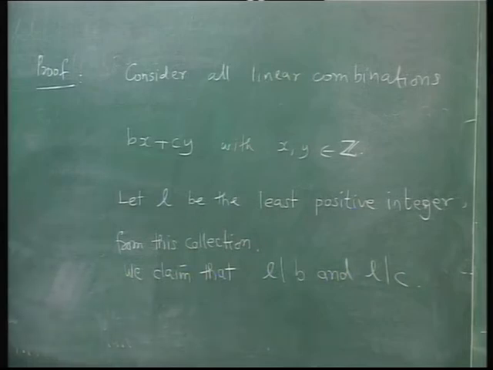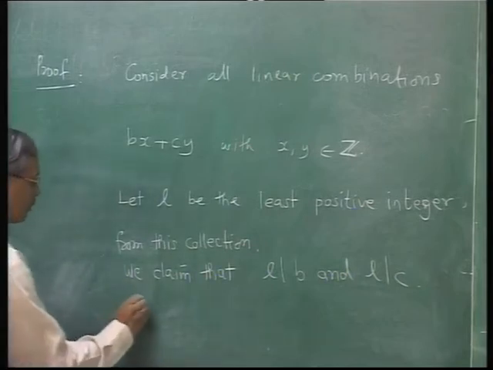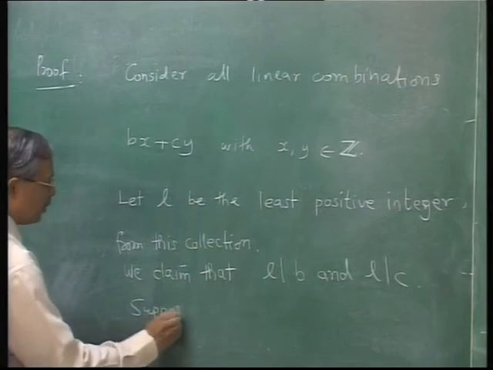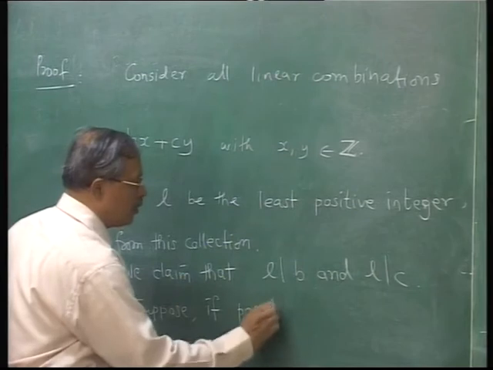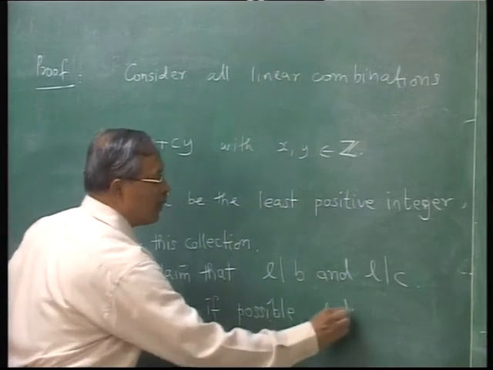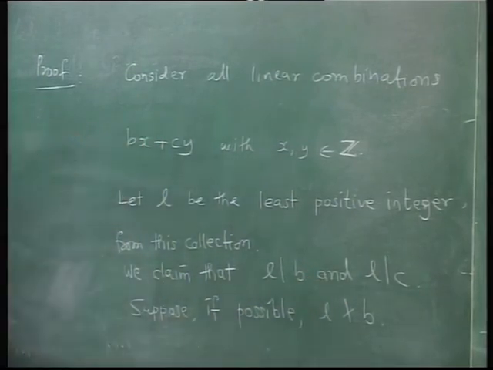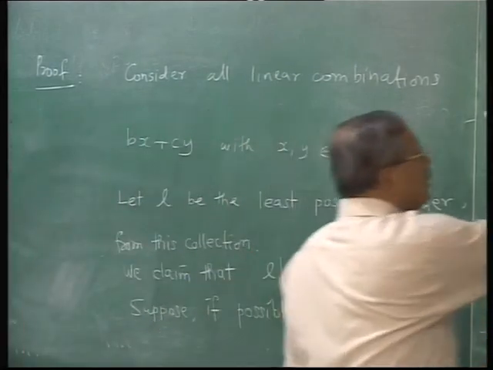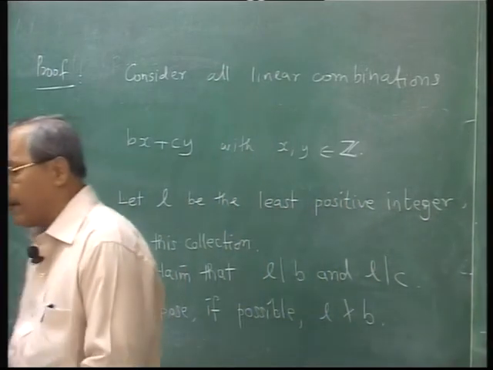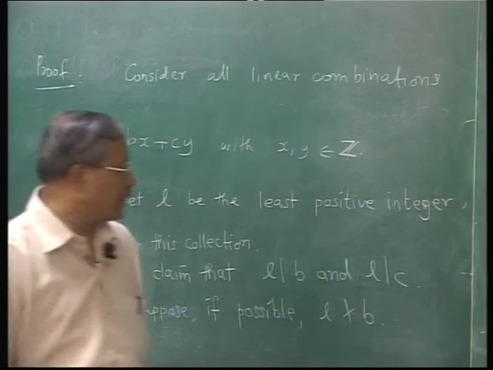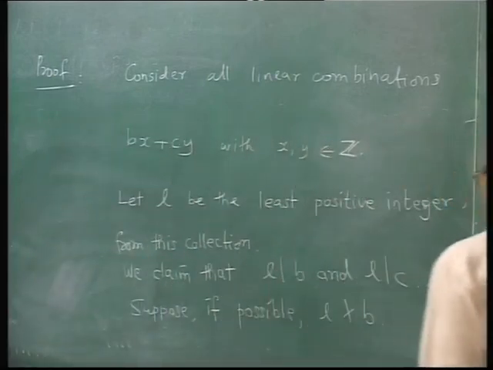Let's suppose not. Suppose, if possible, L does not divide B. Then we can divide B by L, get some quotient and get some remainder.